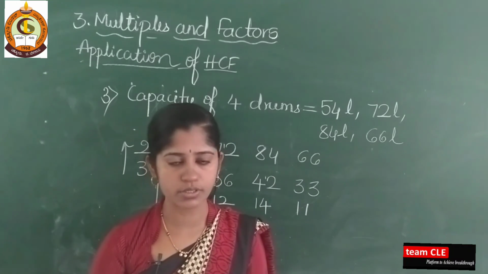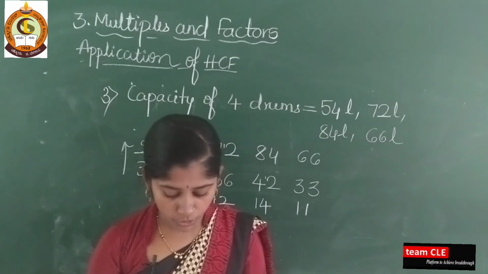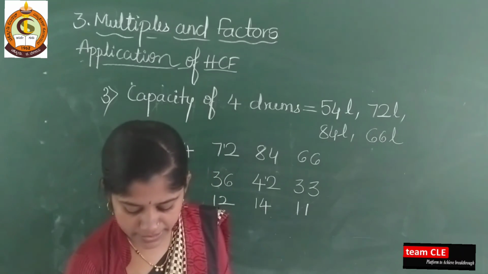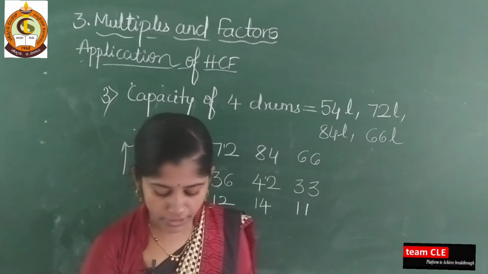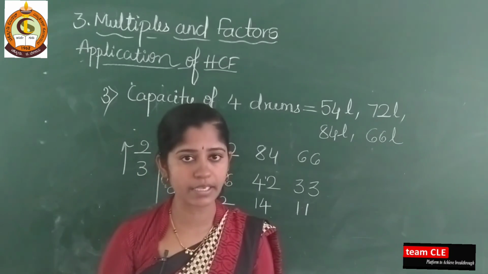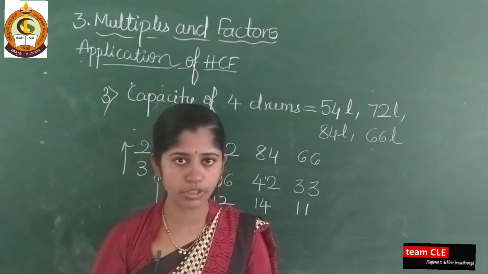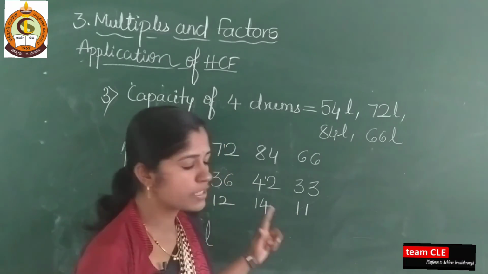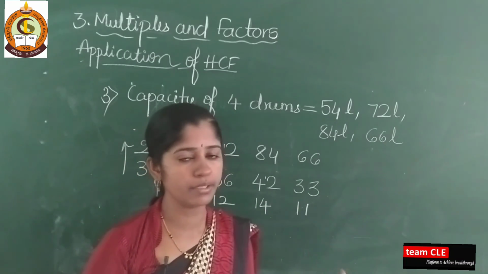Next, the 5th one: you want to plant 48 tomato plants, 54 coconut plants and 66 mango plants. Here also you find the HCF, then you will know the answer. In that question also you follow the same procedure, but the questions are different.